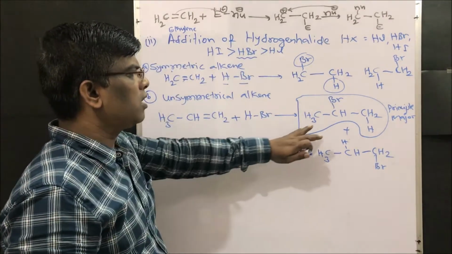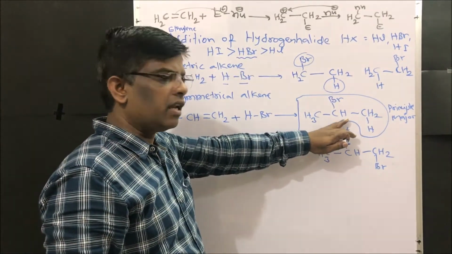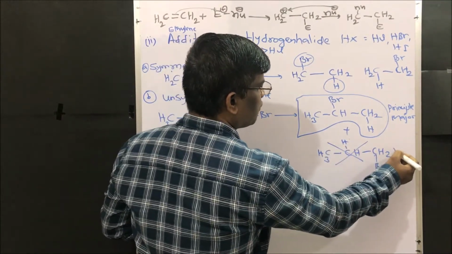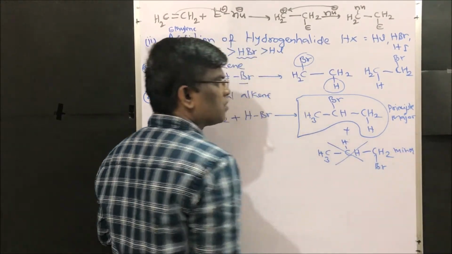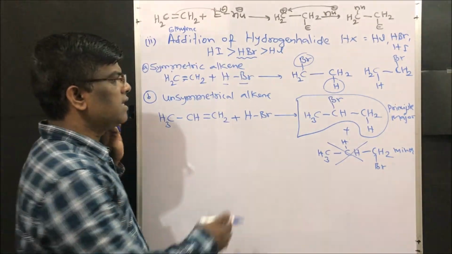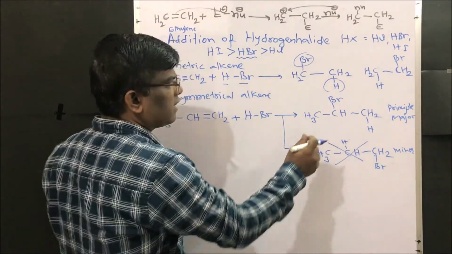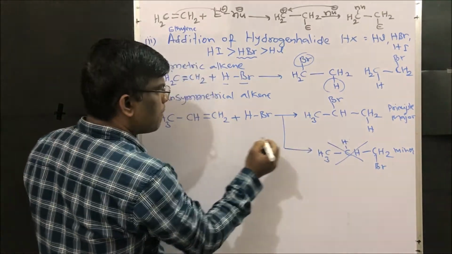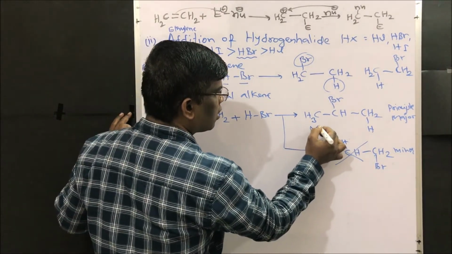What is the major product? 2-bromopropane. The other is not going to be formed, or it forms only in very minor quantities. So what is the principle? This selective formation of 2-bromopropane is explained by Markovnikov.